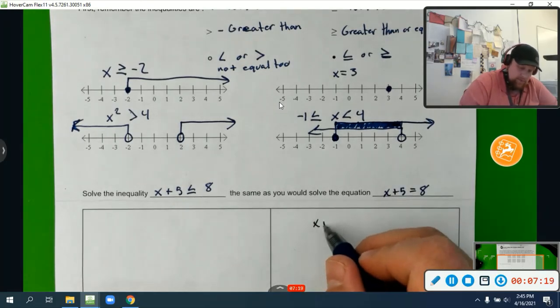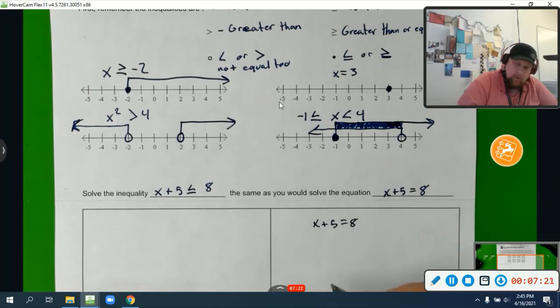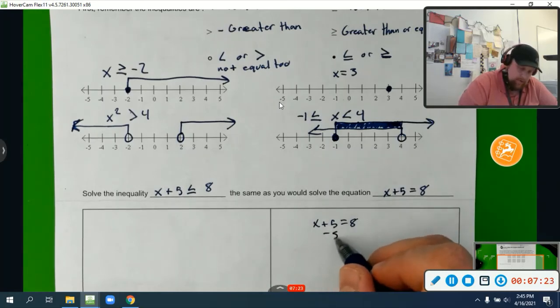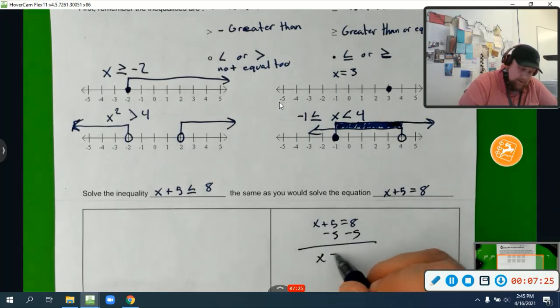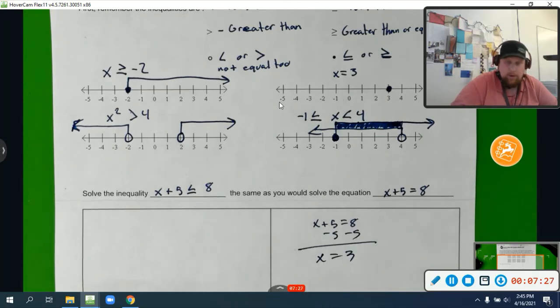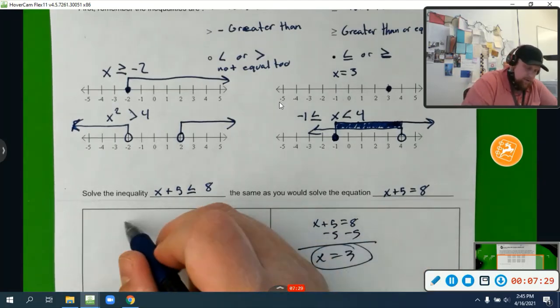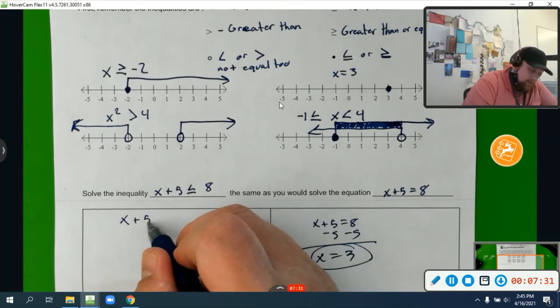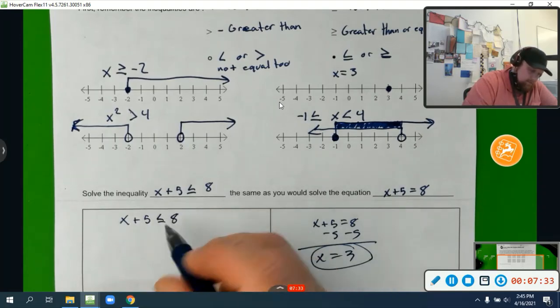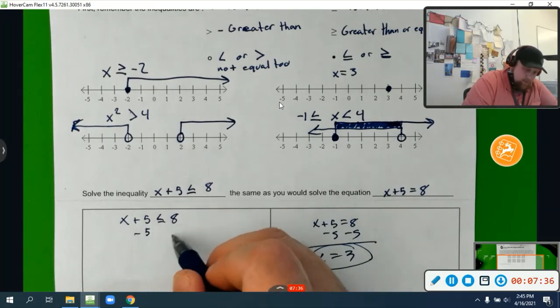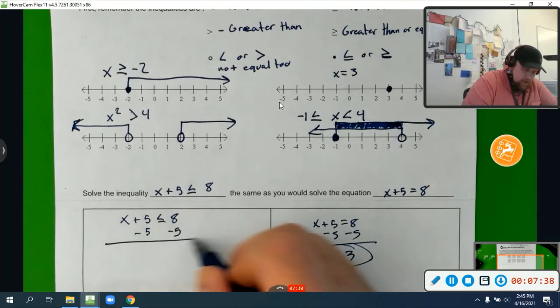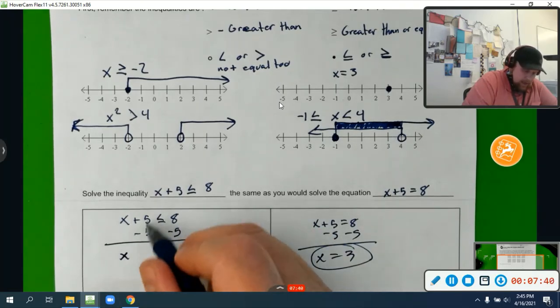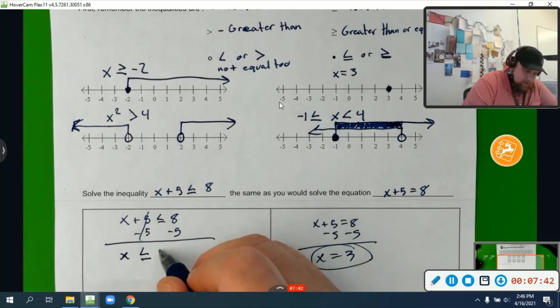Well, if we had x plus 5 equals 8, what would I do? I would just subtract 5 from both sides, and I'd have x equals 3. Well, guess what? Turns out, if I'm going to solve the inequality, I solve the same way. x plus 5 is less than or equal to 8. Still going to subtract 5 from both sides. The only difference is I'm going to get x is less than or equal to 3.